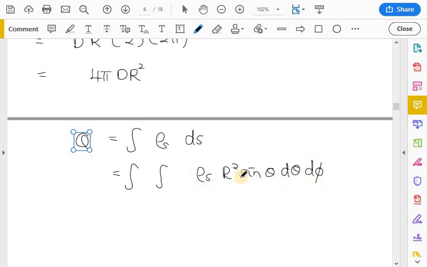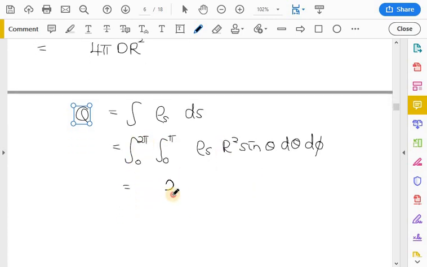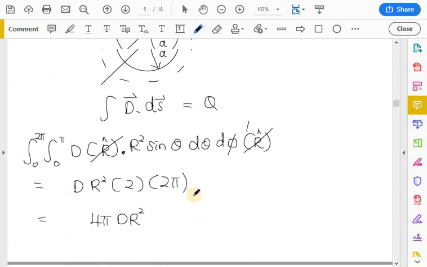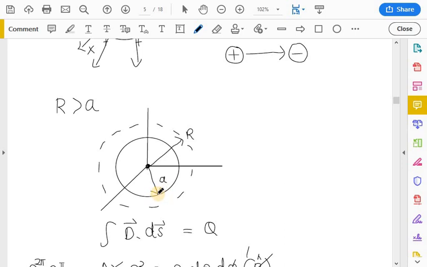So you should use the spherical coordinate system. Same thing, theta will be from 0 to pi, and phi from 0 to 2 pi. You perform the integration of rho s, so this one will become 2 and then 2 pi, 4 pi, so it will become 4 pi rho s r square. In this case, what is the radius of your sphere? A, right? Do you still remember?